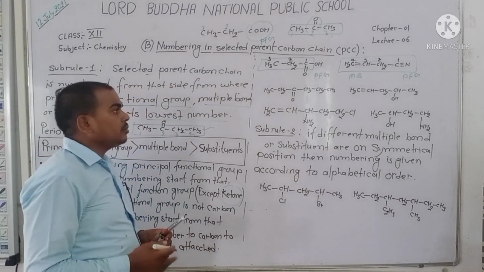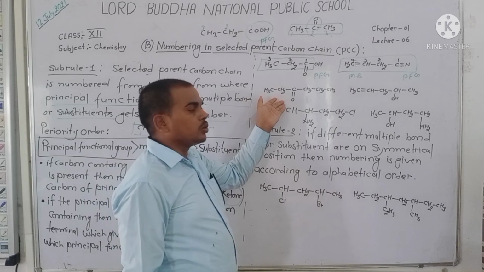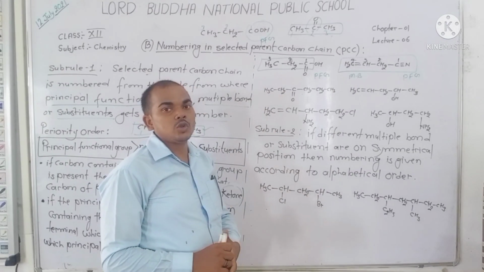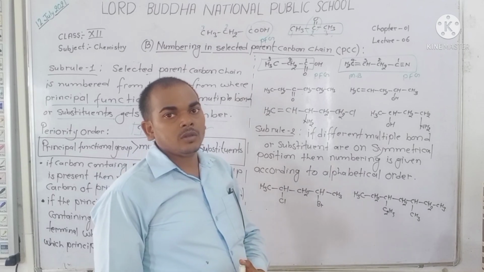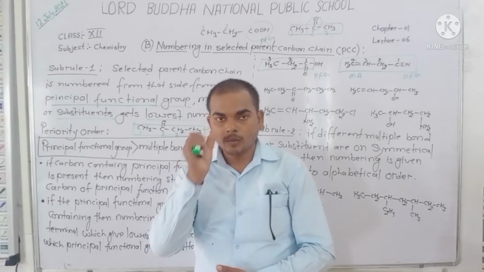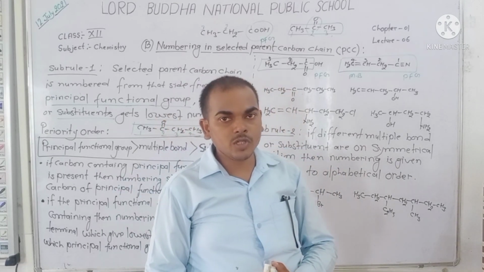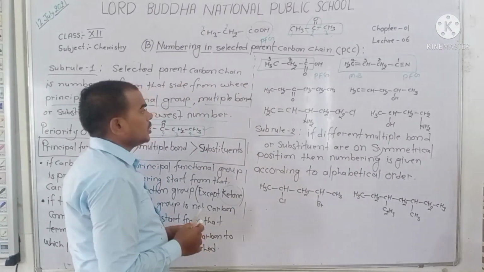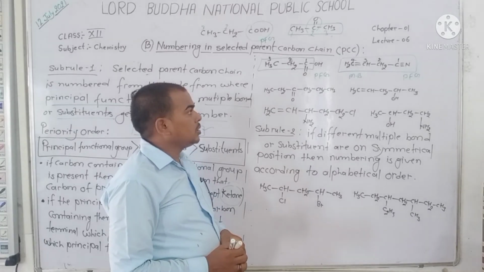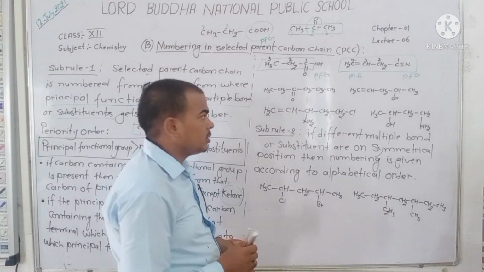Okay. Next example. Dear student, here a ketone is present, but you know that the counting of ketonic carbons is not according to the first rule because it is present in the middle of the carbon chain. Okay, student, but the counting starts from where the ketonic group gets the lowest position.